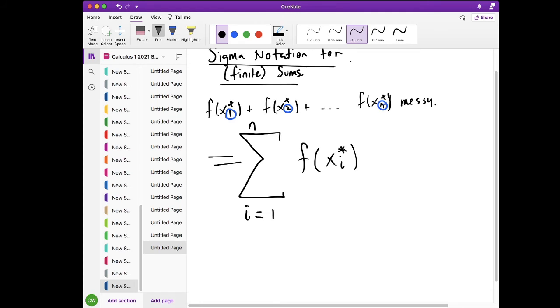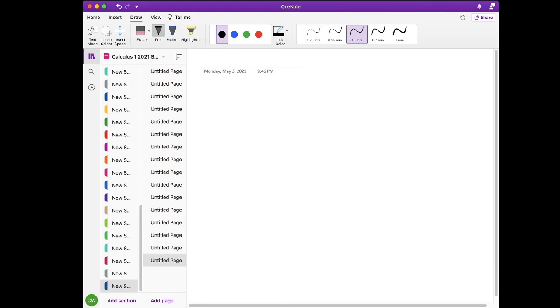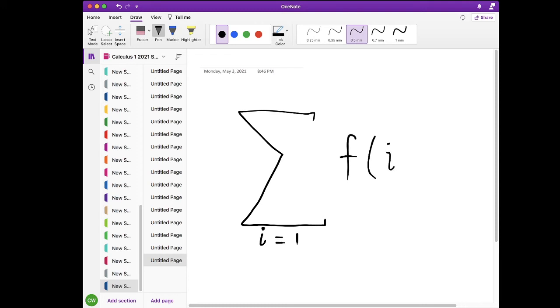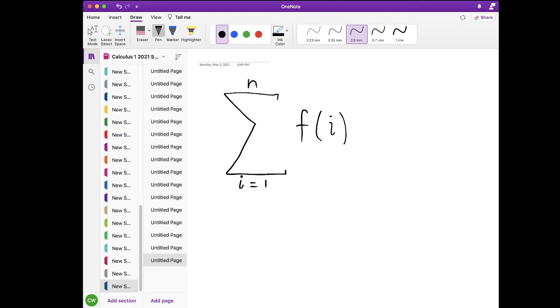Then let's explain what all these things mean. I'll do a new page and just do in general what the sigma notation is. Okay, so the big thing here is this i. All right, so what is this i? i is called the index.